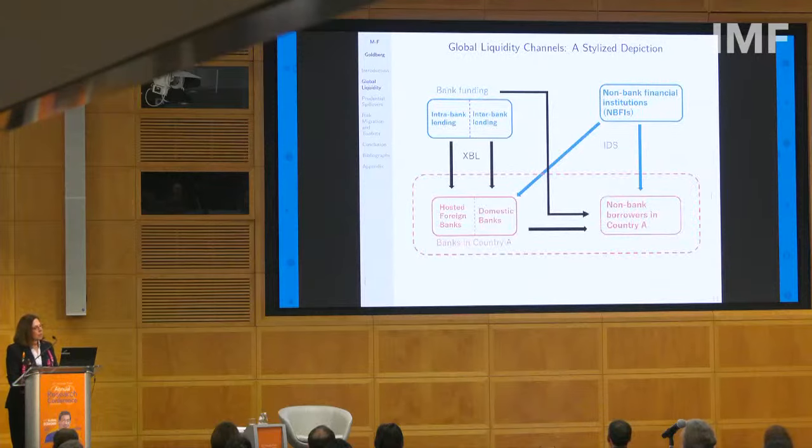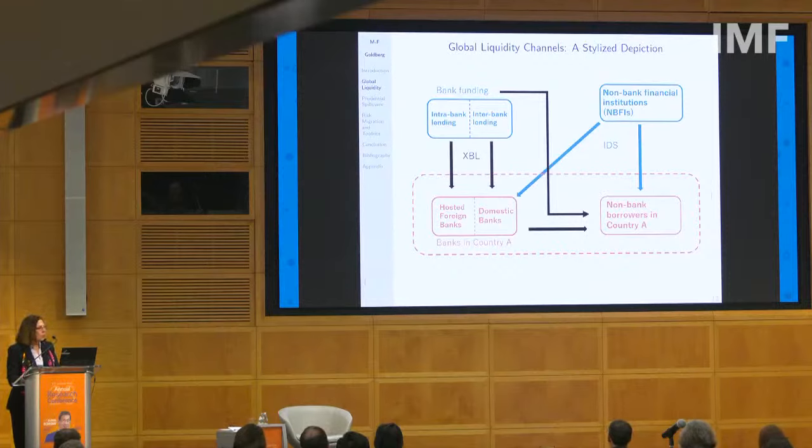Here, it's helpful to have a schematic in mind as we consider the players. So as you look at this schematic, the boundaries of country A are indicated by the dashed orange lines. Within country A are banks on the left and all others in need of funding on the right.